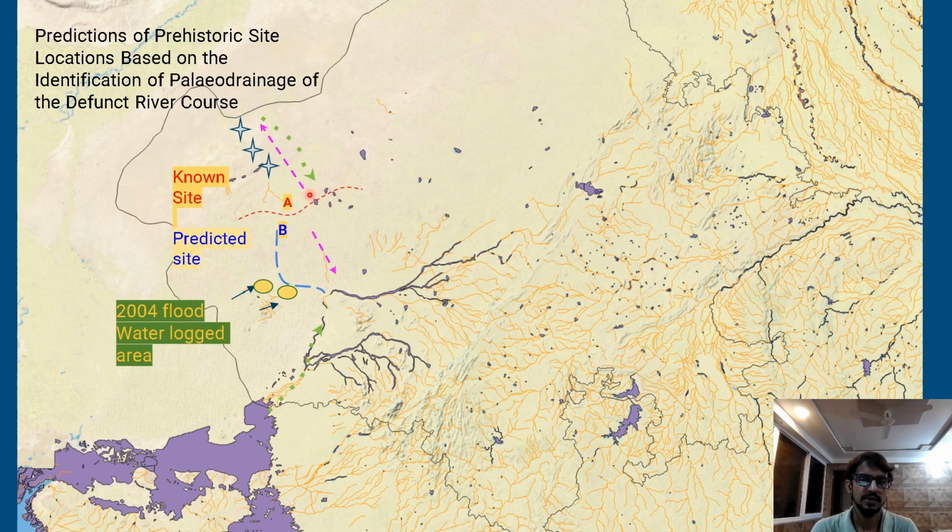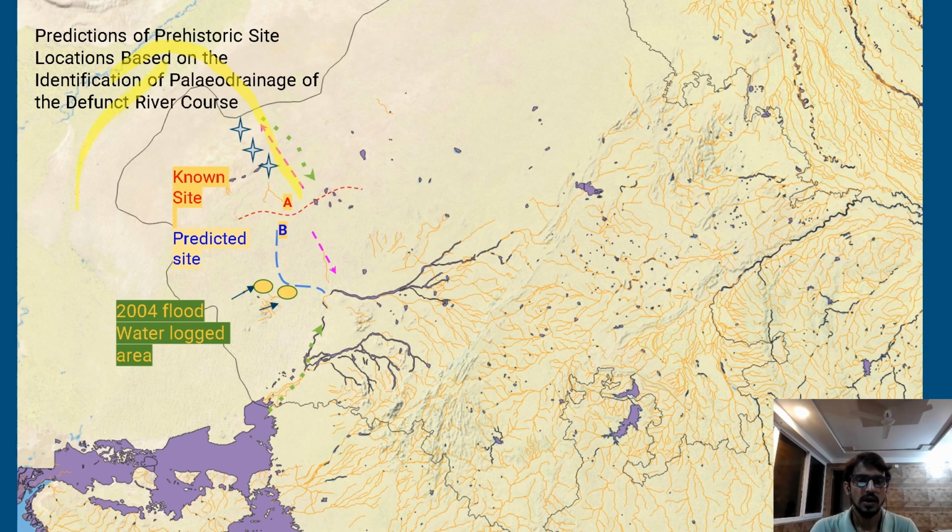Then we started thinking that, in association with the drainage map, there is a possibility that this drainage is going west, and there are chances that it was joining the Indus maybe, or it was going parallel to the Indus. We don't know.